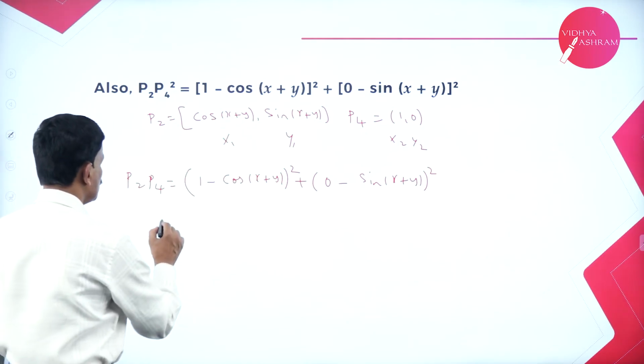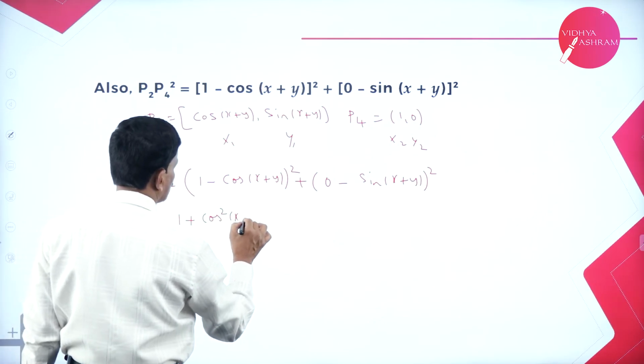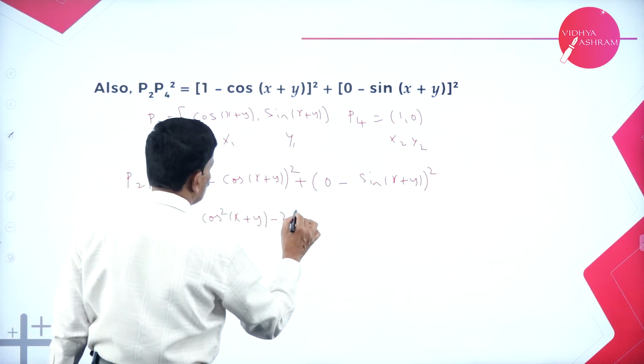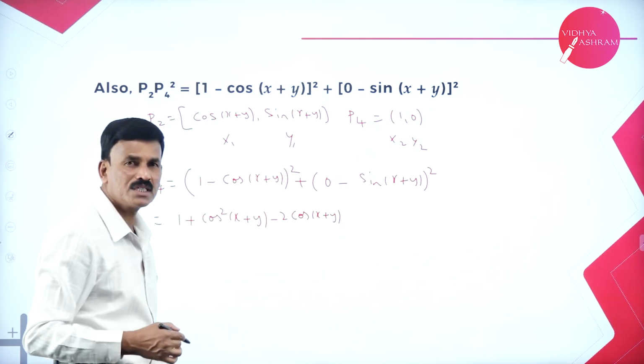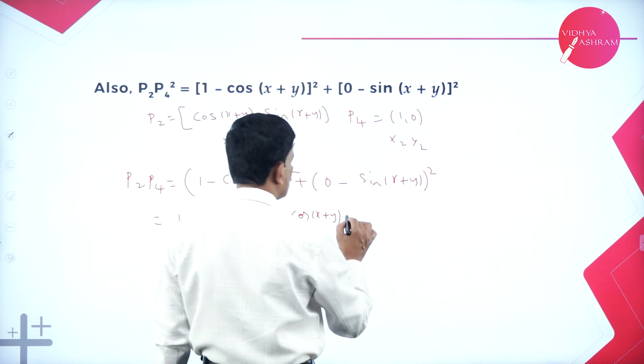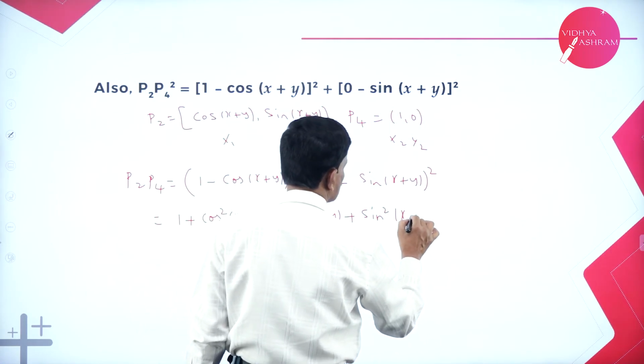If we simplify this, using a square plus b square minus 2ab, we get 1 minus 2 cos(x plus y) plus cos square(x plus y), and again 0 minus of sin is minus, minus square is plus, sin square(x plus y).